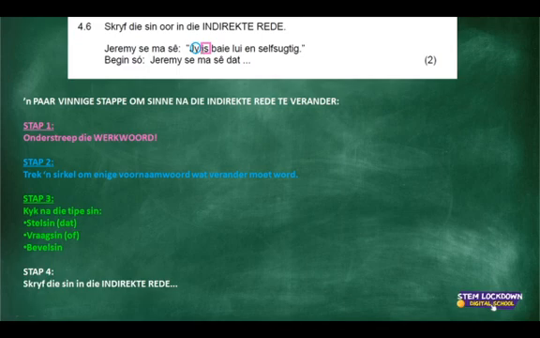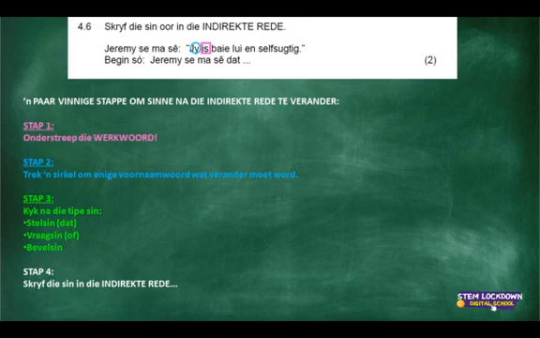Please look out for the pronouns in the infinitive as well. So if this sentence says, jy is baie lui en selfsugtig om my nie te help nie, that "my" in the infinitive would also have to change. Okay, so double check the infinitive. Usually the pronouns that change are the ones ek, my, and jy, jou.